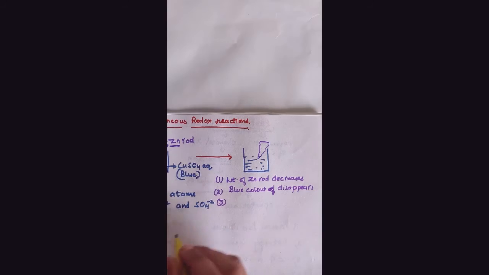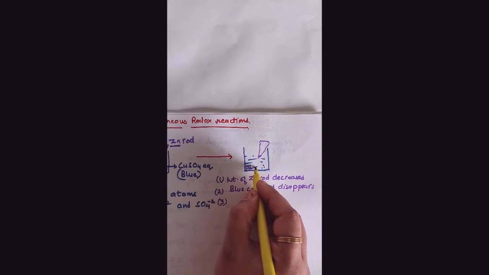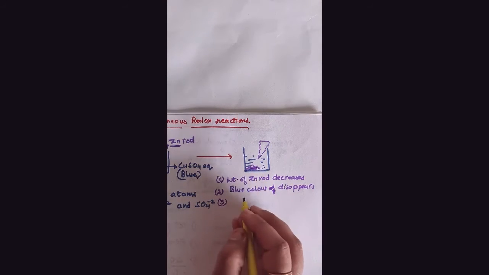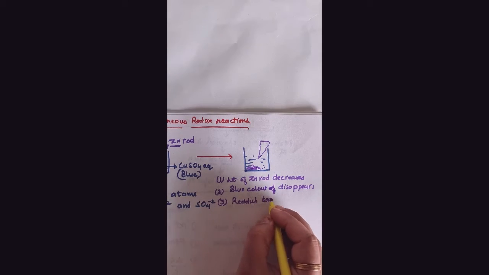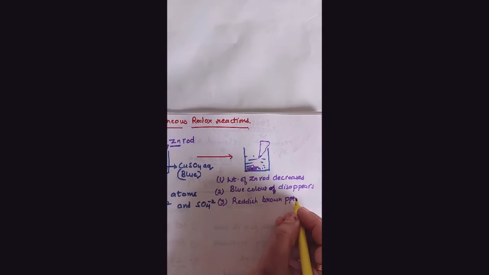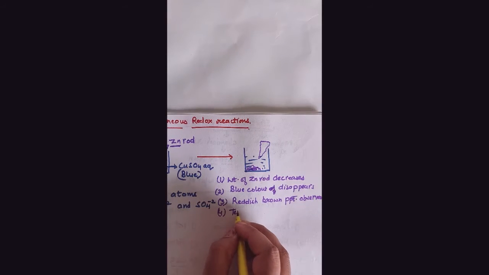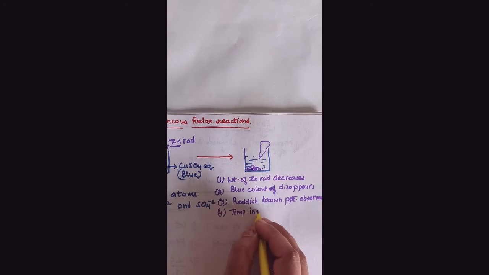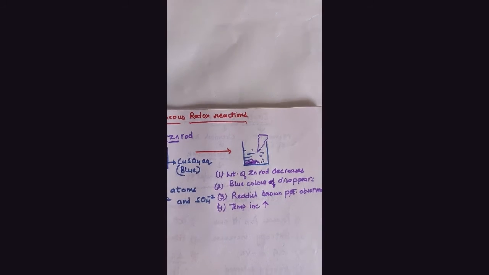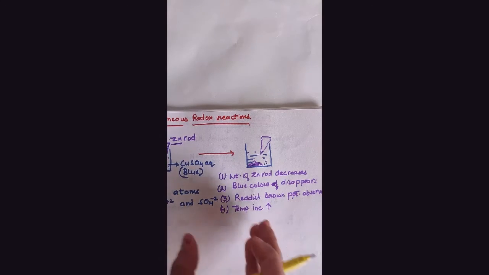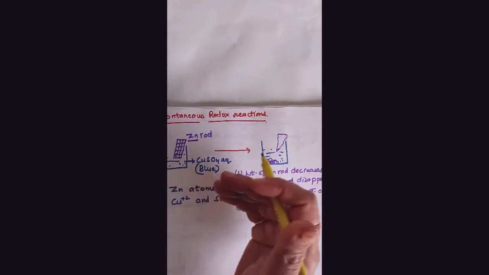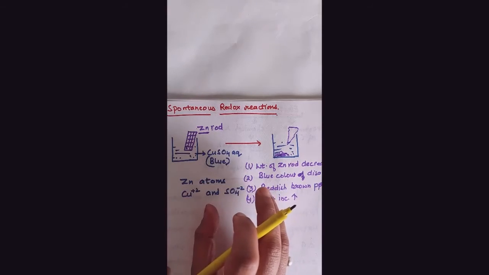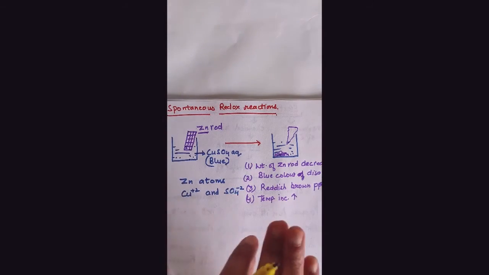And the third observation is that down here you will find reddish brown precipitates are observed. Also, temperature also increases. So these are the observations when you put a zinc rod in a copper sulfate solution. With the passage of time, these things are happening.